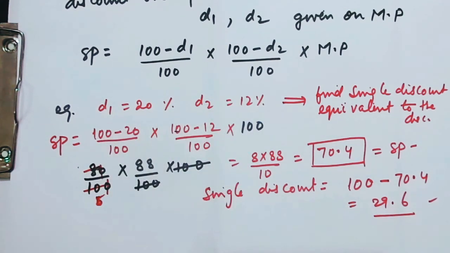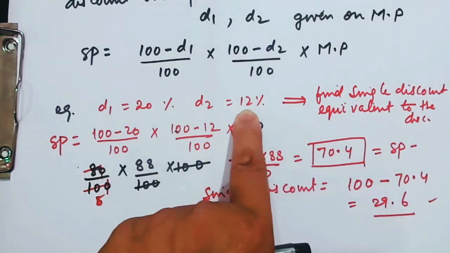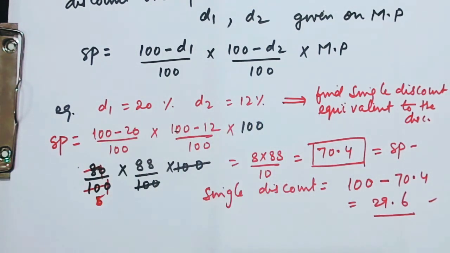This means instead of giving 20% and 12% discount separately, if the shopkeeper had given 29.6%, it would be the same.